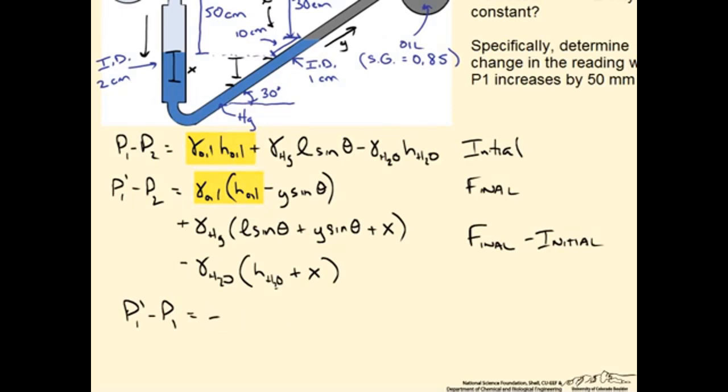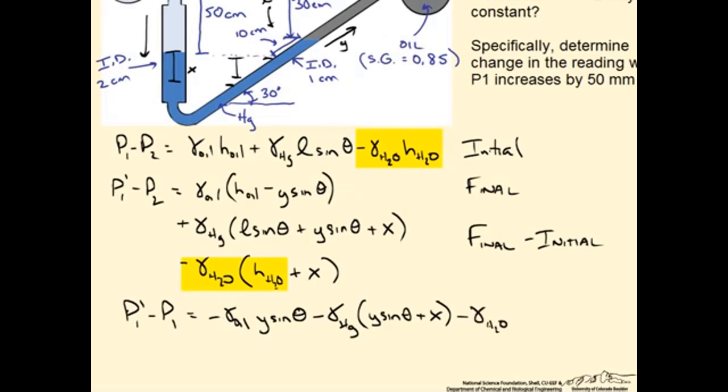We're going to be left with negative specific weight of oil times y sine theta. And for the mercury, again, that first term cancels. So we'll have negative specific weight of mercury, and this is going to be y sine theta plus x. And for the water term, we'll have minus specific weight of water times x, again, since that first term will cancel.